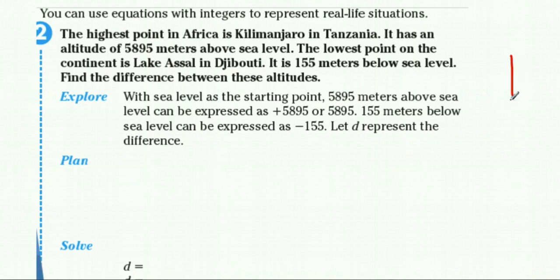Anything above sea level would be positive, anything below sea level would be negative. So since it's above sea level, it's 5,895, and 155 is below sea level, so we have -155.